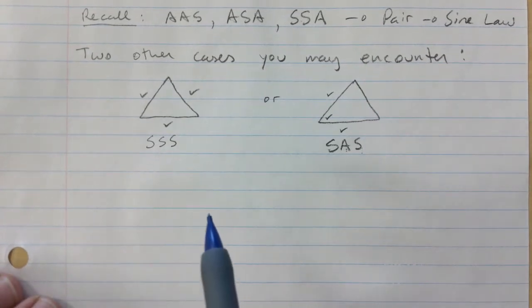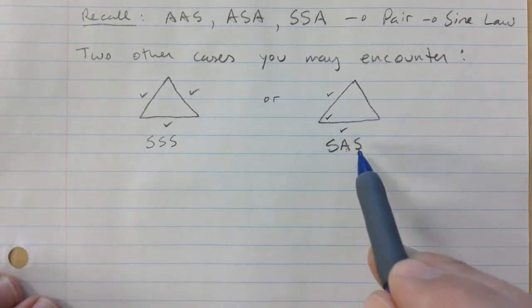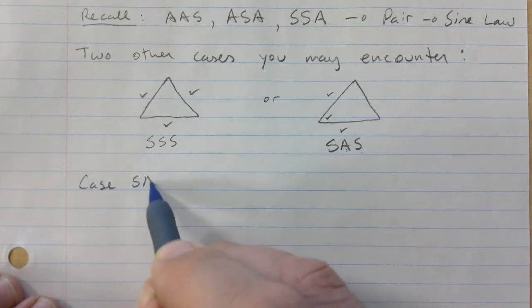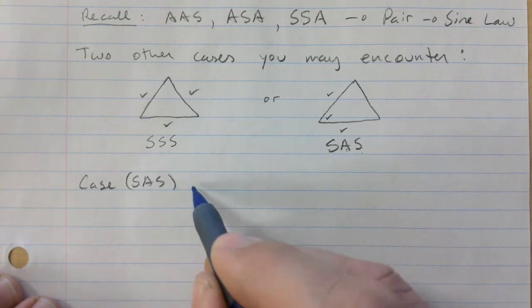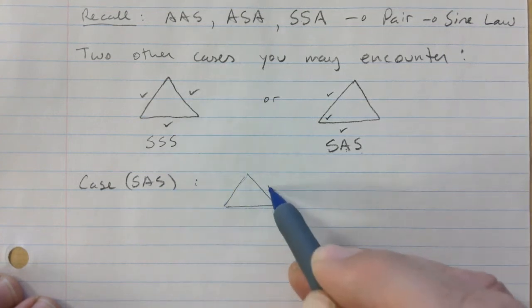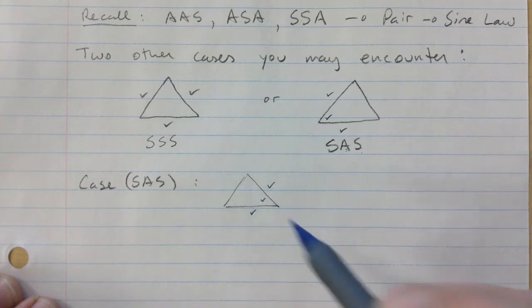So we're going to talk about this case first. The case where you have SAS, right? So again, you have a side, the angle, and the side.